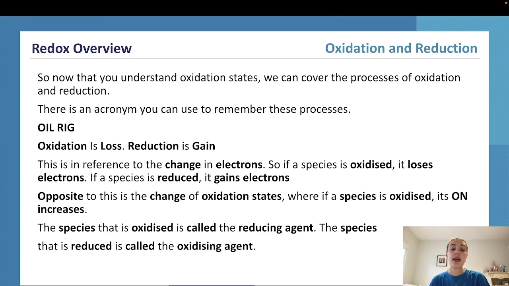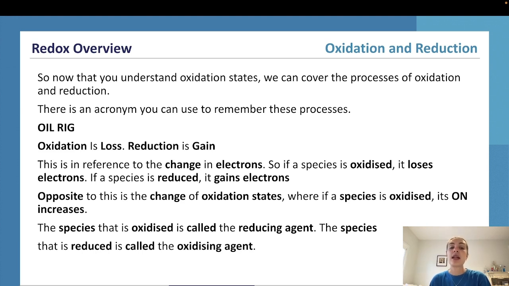So when the species is oxidized, it's losing electrons, but it doesn't just lose these electrons to nowhere, because you can't create or destroy the electrons. So it's losing these electrons by transferring them to the species which is being reduced, hence it being called the reducing agent, because it loses its electrons and donates them to the molecule which is going to then gain the electrons.